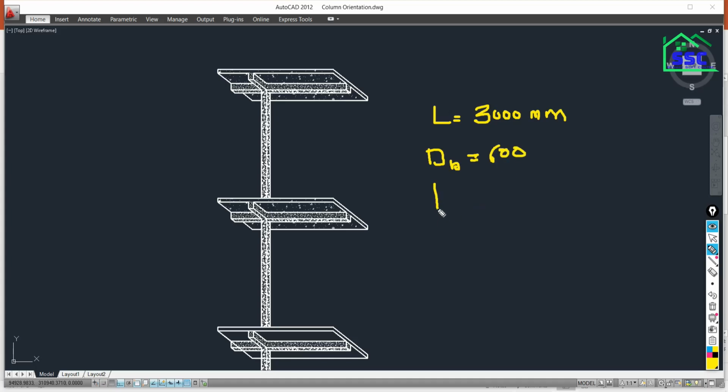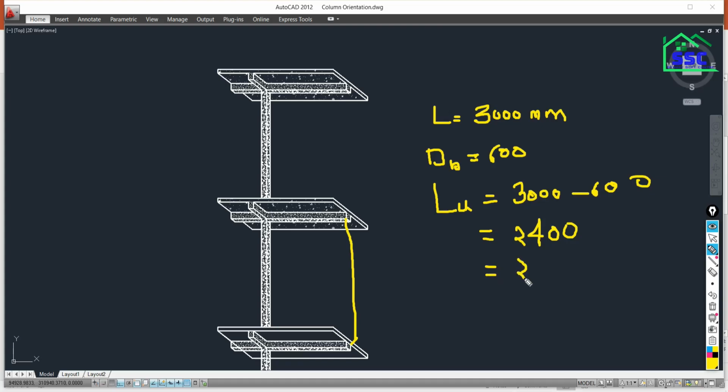So the unsupported length of the column will be this height, top of the floor to the bottom of the beam. 3000 minus 600 gives the unsupported length of the column, that is 2400 mm. In meters, that is 2.4 meter.